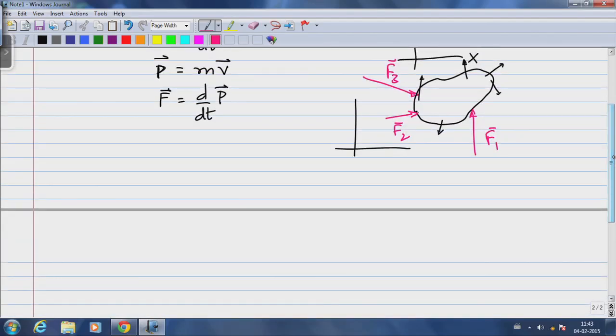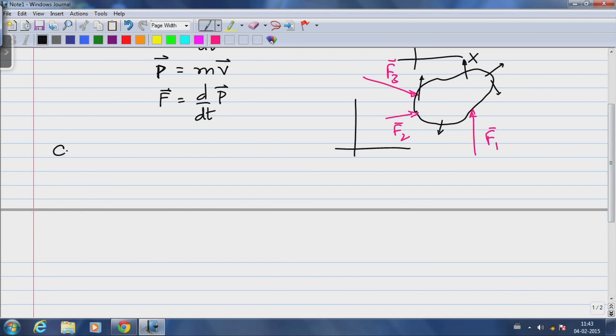Now, the basic context in which you can generalize the laws of motion valid for a point particle to a rigid body is by defining what is known as the center of mass.